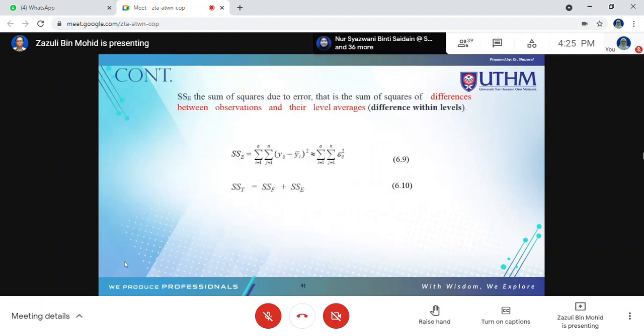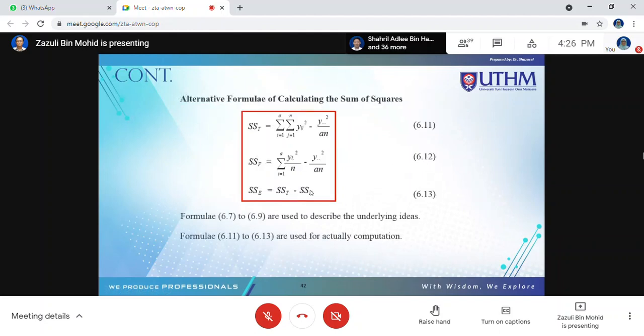And SSE is the sum of squares of differences between observations and their level averages. So it compares the differences within the levels. An important thing that you have to remember is that SST must be equal to the sum of SSF and SSE.